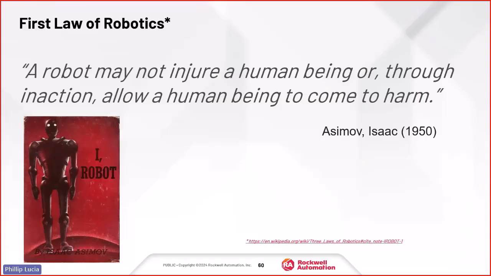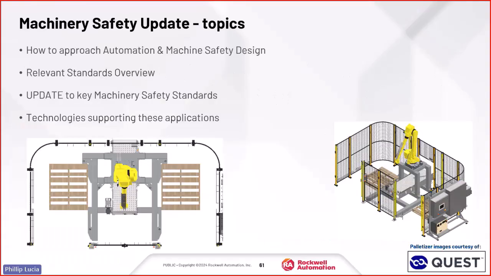So we'll expand on that, recognizing that it was based on fiction, but going through today, maybe it's sort of a prediction. Some of the key themes we'd like to touch on are: what is the right way to approach automation and machine safety design, and how can we do that together rather than thinking of them as separate disciplines? Then we're going to hit on a relevant standards overview and particularly touch on some updates to these key safety standards.